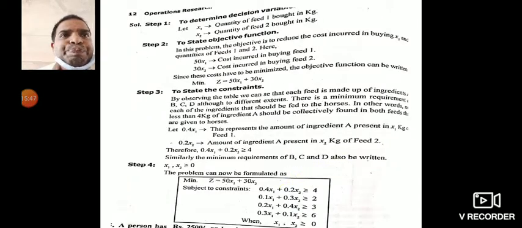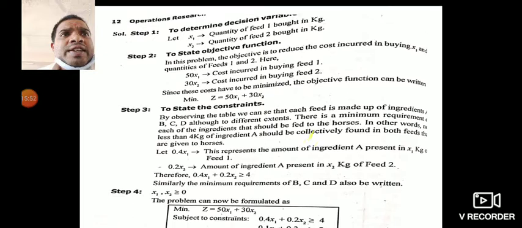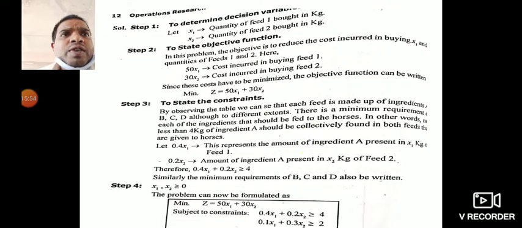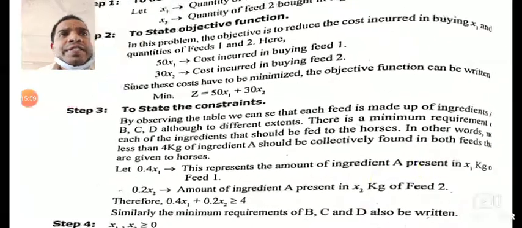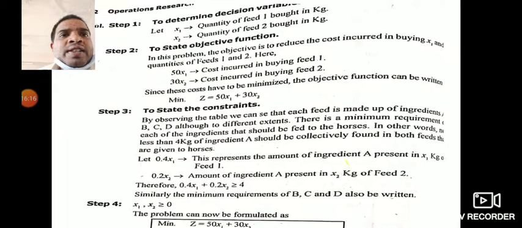Now, as I said, first we need to decide the decision variables: x1 is quantity of feed 1 bought in kg, and x2 is quantity of feed 2 bought in kg. Objective function: here it comes under a minimization problem, so we can write minimize z equals 50 x1 plus 30 x2.